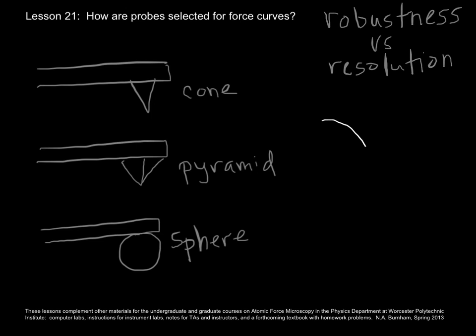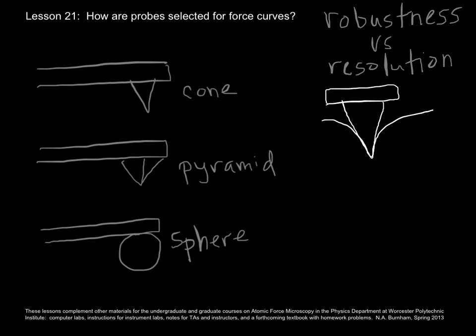I'll also add that one thing to be careful of is the strain that you induce during a force curve measurement. Most contact mechanical models do not apply above 15% strain, although some researchers do report 30% strains still fitting those models.